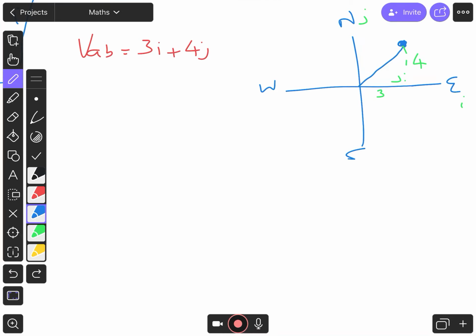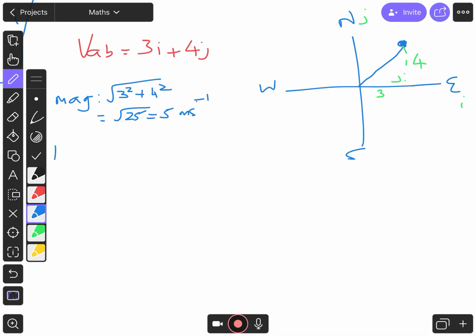So if we're using Pythagoras, we're getting the magnitude. Then magnitude is going to be the square root of 3 squared plus 4 squared. You can use Pythagoras here fully out if you want to. You'll get the root of 25, which is 5. Okay, and it's ms to the minus 1. We're going to work with meters per second here.